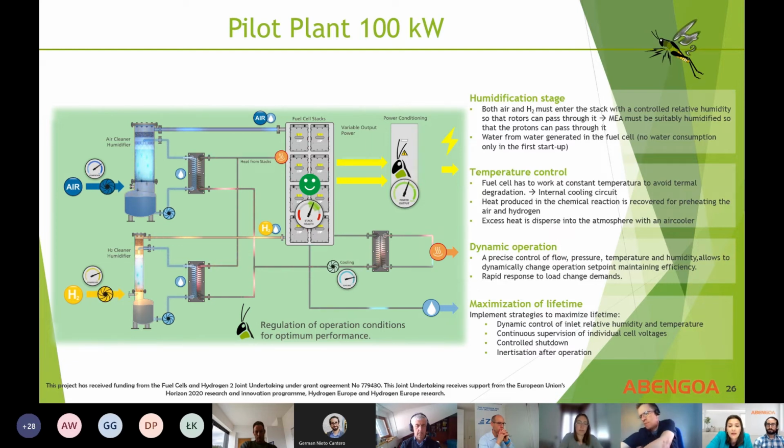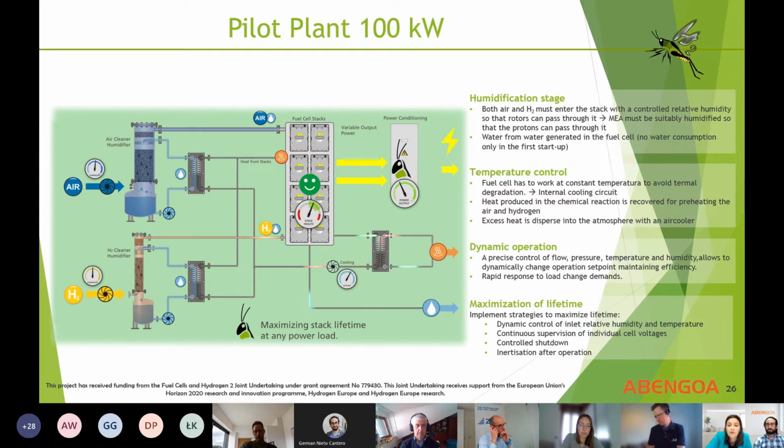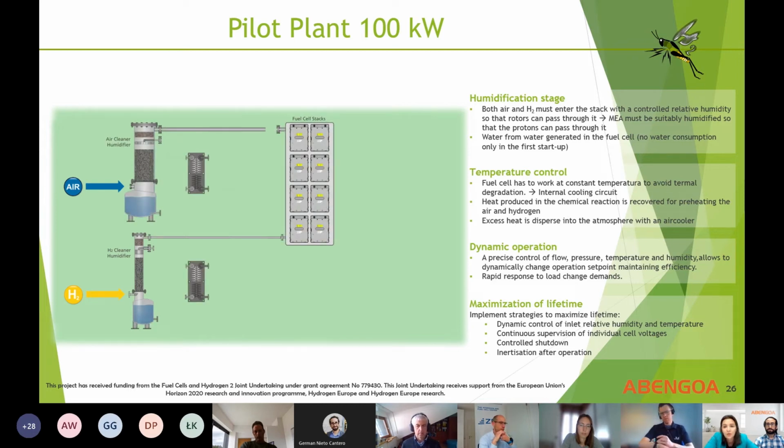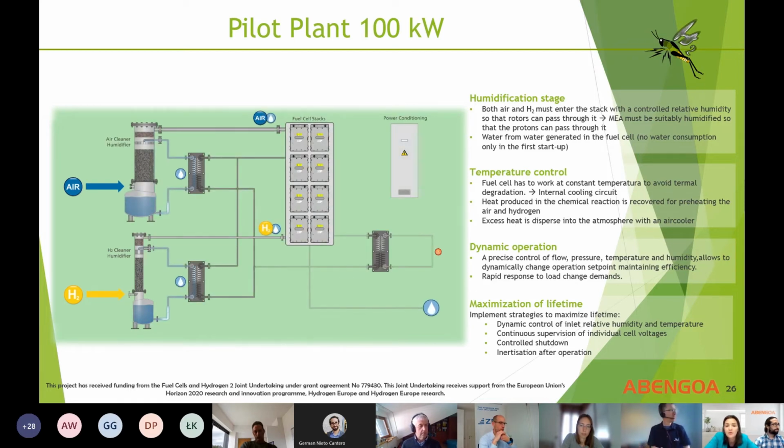In the case of the pilot plant, there is a need for an extra cooling to remove the excess heat, but this could not be necessary if you are in an industry and it needs warm water, so we could take advantage of it.